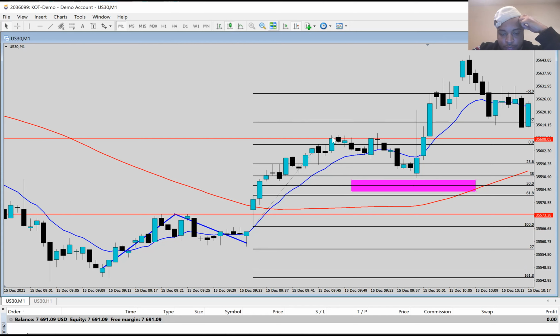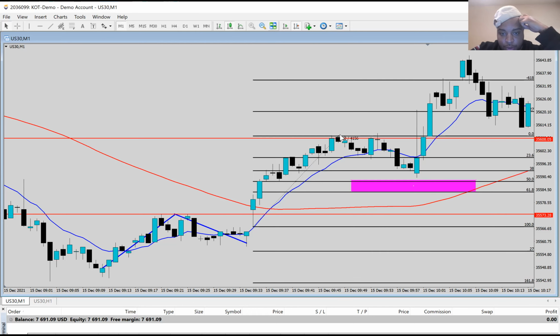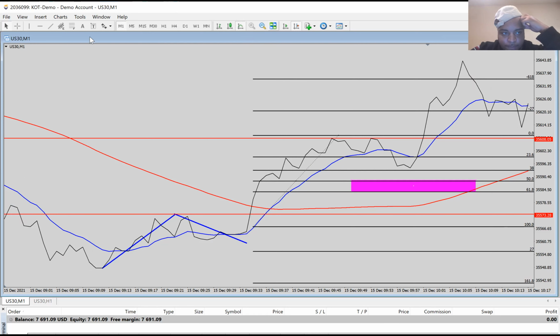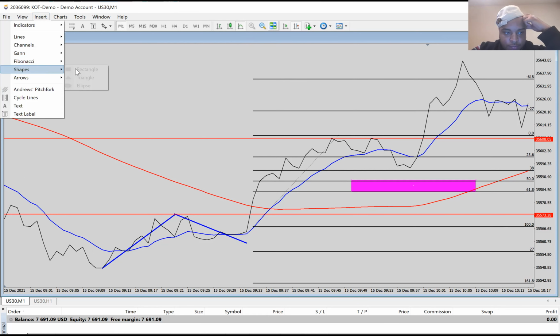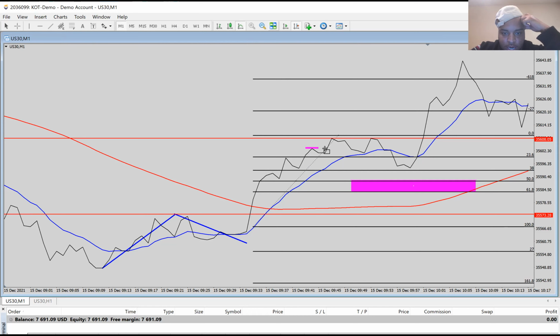Look, pushed above again and closed above. Gave me a bearish candlestick right here. Did we get to the 50? No, it's just pushing back down. But for us, we start to see structure changing. This higher high is now what? Becoming weak.